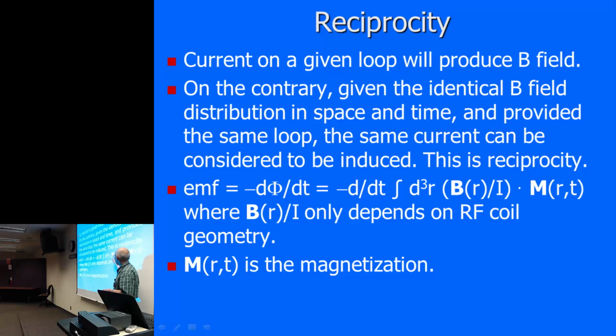And the point here is that when I take this field divided by this current, then this quantity does not depend on the fields. This quantity only depends on the coil geometry. Meaning there is a difference whether I have a square loop or a circular loop. This guy will be different. So this is what we have for this term. And then again, this guy, of course, is the magnetization of the protons of these spins.